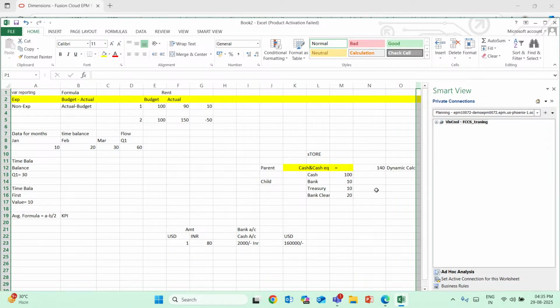Instead it will be calculated dynamically, based on the value of the children underneath the parent. The value will be calculated on the parent based on the children.